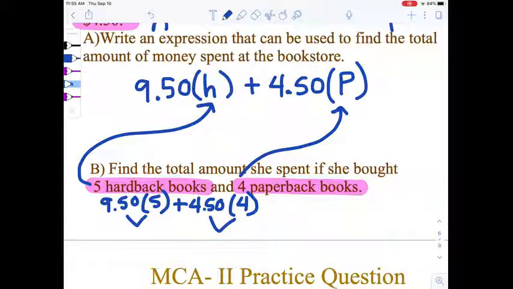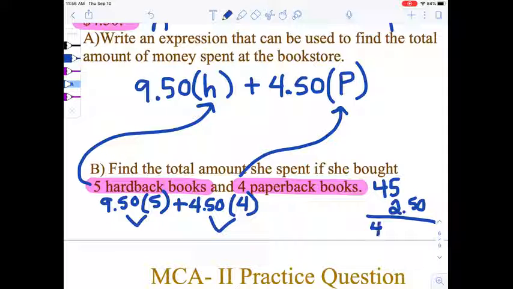So if I take $9, so forget about the 50 cents for now. $9 times 5 is going to be $45. And then 50 cents times 5. Well, if you take 50 cents 5 times, that's $2.50.